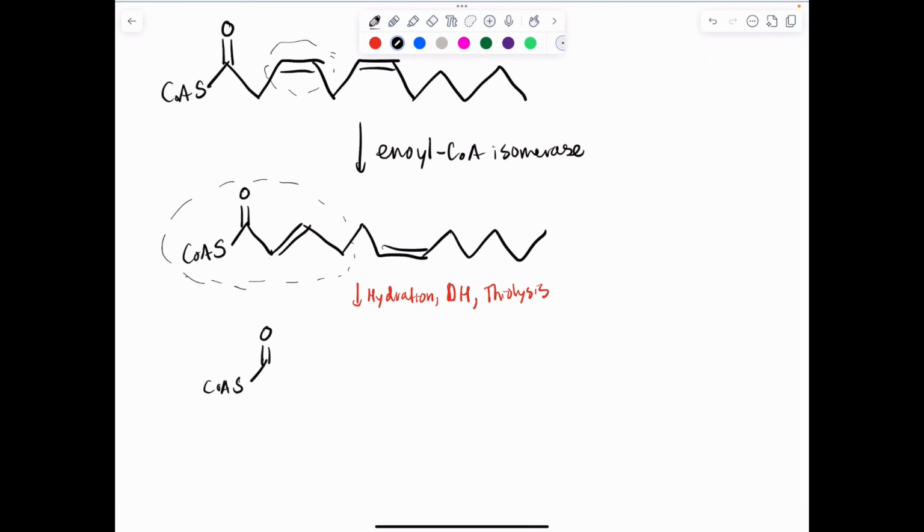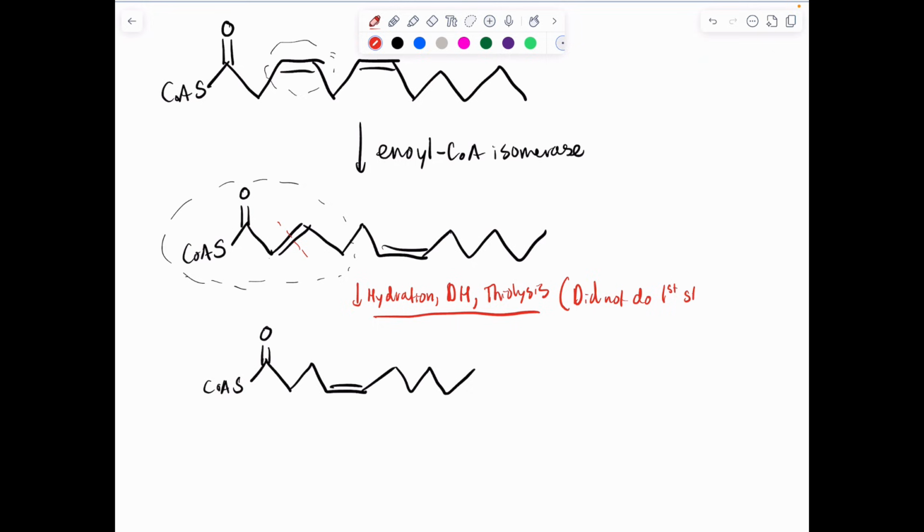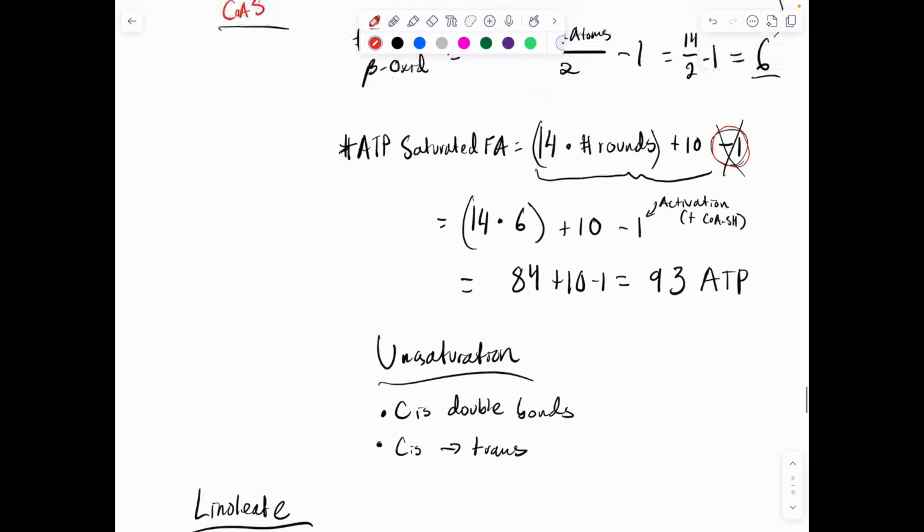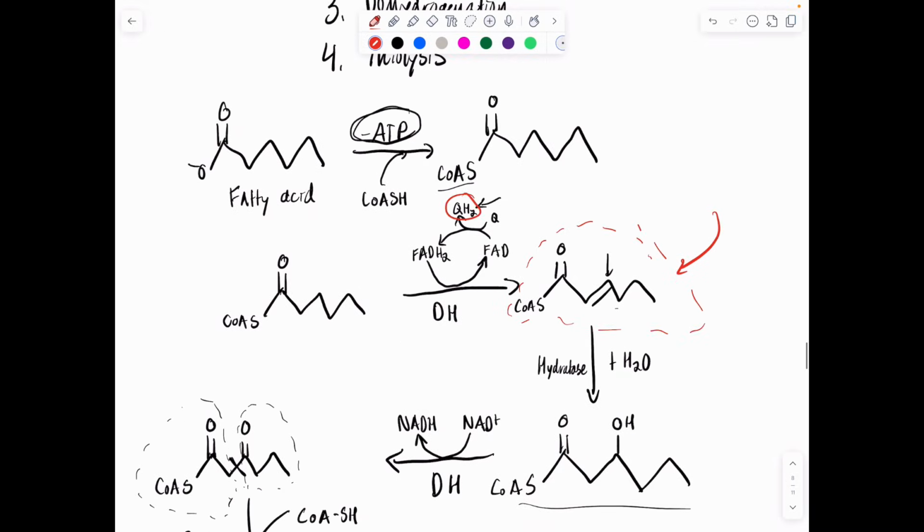It would cleave and end up looking like this. So you did one round of beta oxidation, you would end up cleaving at this bond, and you continue along. The important thing to notice here, though, is that because you only did 3 rounds of beta oxidation, you did not do the first step. And that first step, if you remember, is the first dehydrogenation, and it's where you get a QH2.